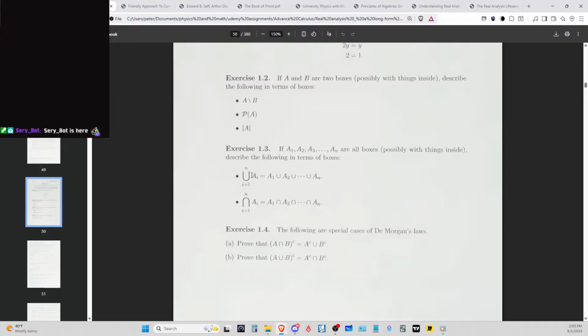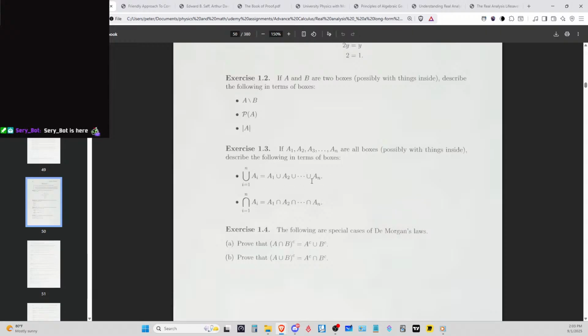Well, if you were thinking of the union of the whole thing, it's every single element in here, so you can't really say it equates to one.